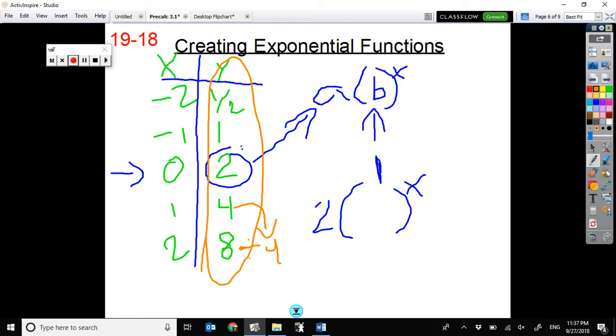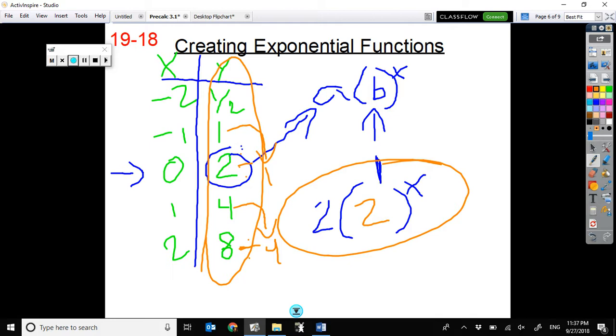Well, 8 divided by 4 is 2. And I didn't have to use that one. I could have said, well, let's do 2 divided by 1. I'd still get 2. I could have said 1 divided by 1/2. It doesn't matter which number I picked. So pick a number, divide it by the previous number, and that gives me what's inside. And so that would be my rule.